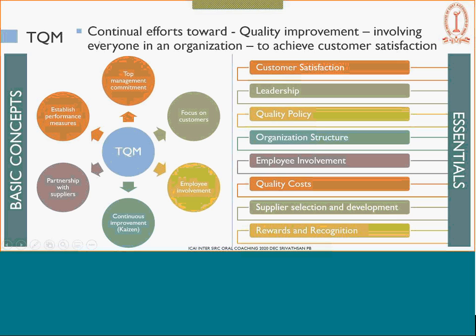Quality management is the continual, regular effort to do quality improvement in the organization, not just the production department. The machines must be maintained well to produce very good quality goods.